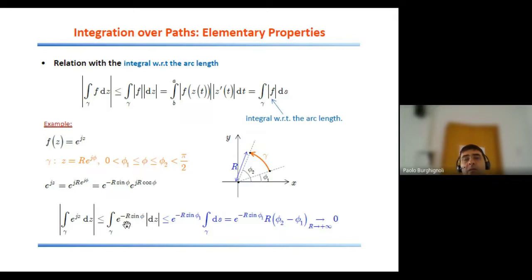So if you do that, you can establish a further inequality in which now the exponential does not depend anymore on phi, which is the integration variable, so you can take it outside the integral, okay?